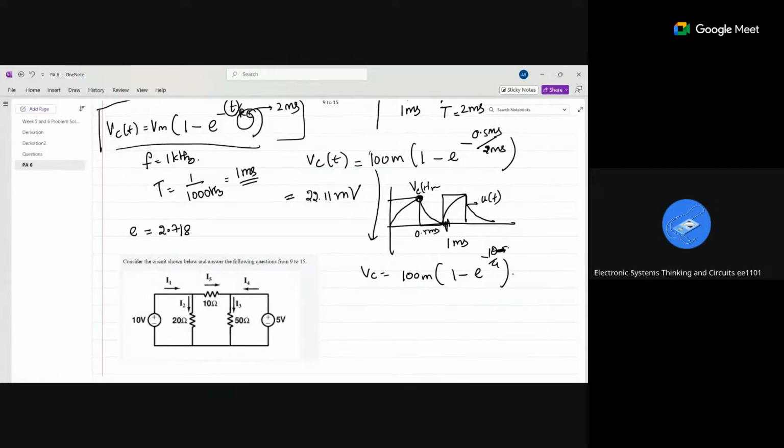The e is a constant value: 100 m times 1 minus 2.718 to the power minus 0.25. This is at the power.